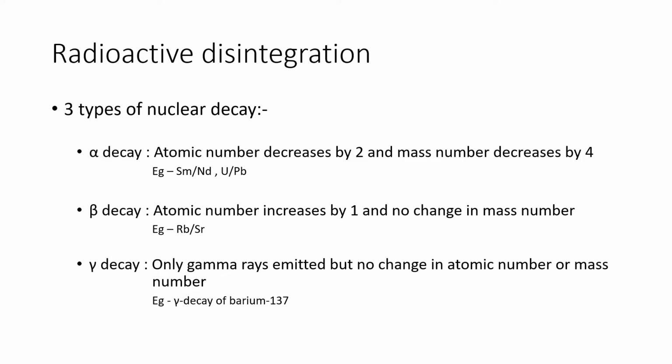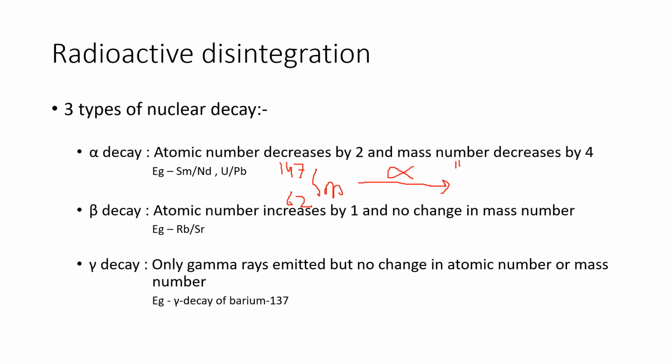So the simplest example is samarium neodymium system. Samarium has atomic mass of 147, okay, and atomic number of 62. So to attain stability, it undergoes alpha decay. So what this alpha decay causes is its atomic number will decrease by 2 and its mass number will decrease by 4.